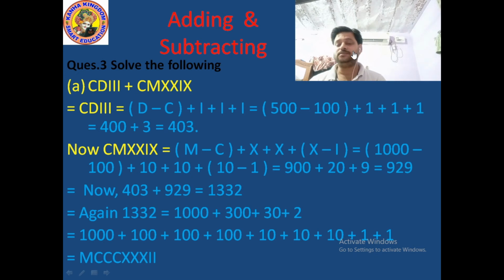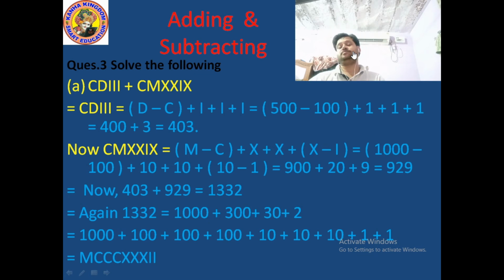Now you see, the first one is 403 and the second one is 929. When we add both numbers, 403 plus 929, it becomes 1332.